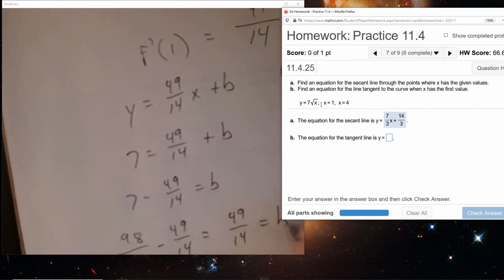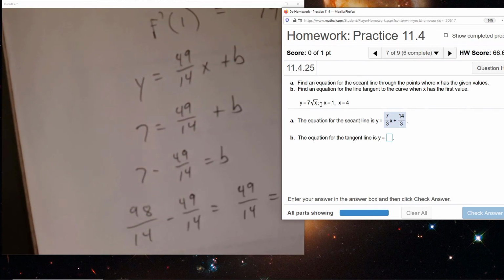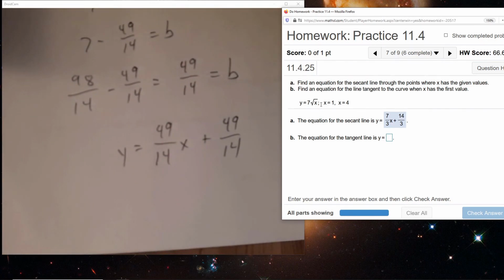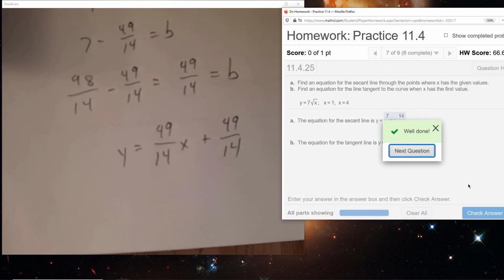And that is B. And now we have our answer, the equation of the tangent line. And there's question 7.